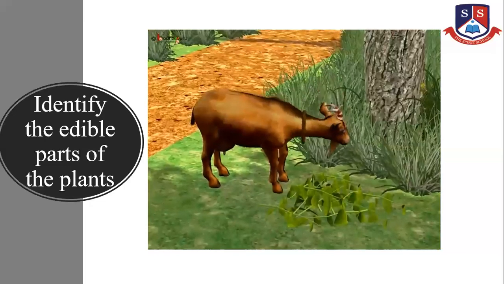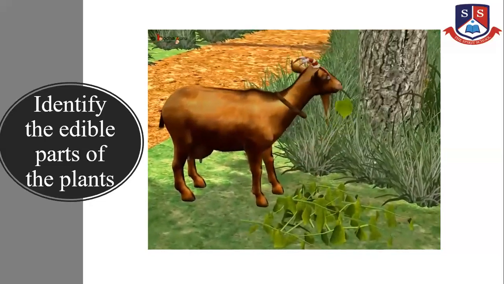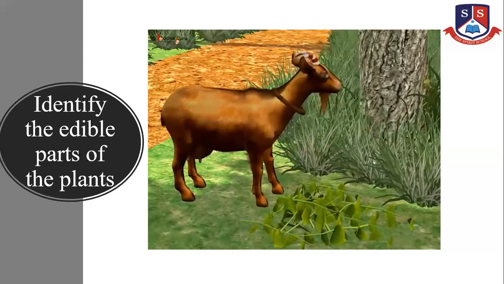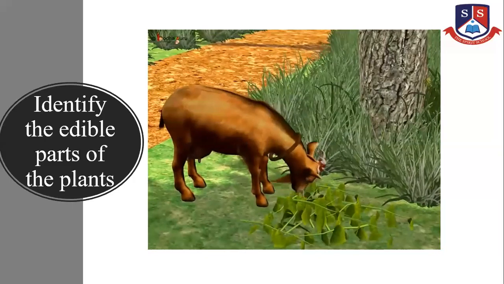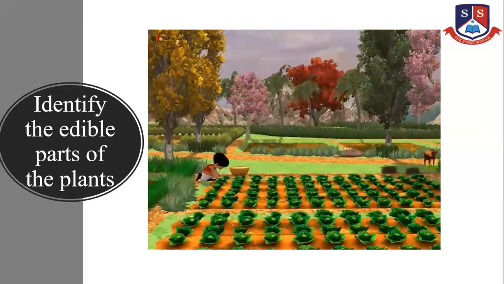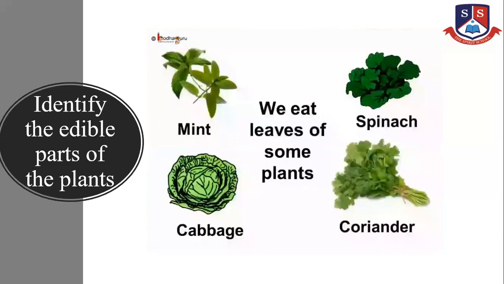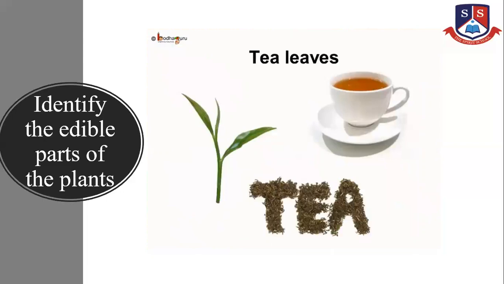Similarly, in the story, the monster thought the leaves were just meant for plant eating animals like the goat. But we humans also eat many kinds of leaves as vegetable. The cabbage, coriander, spinach, mint, all are leaves of different plants. In fact, tea is also a leaf of the tea plant.